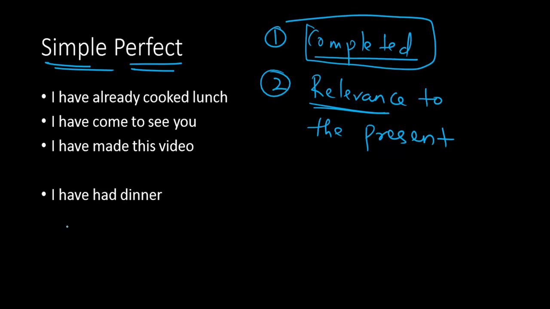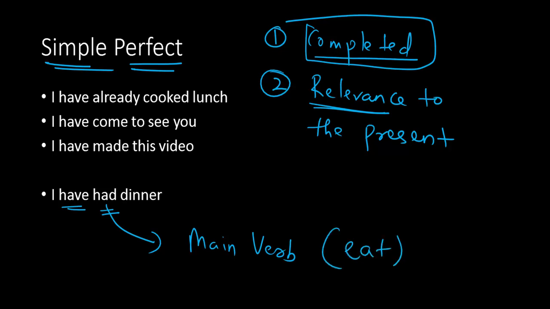Sometimes simple perfect is also a bit confusing. Look at this sentence, I have had dinner. Okay, so we have used have, so this is simple perfect, but we have also used had. You might think that this is past perfect, but had here is the main verb, not the auxiliary verb. It has been used in replacement of the verb eat.